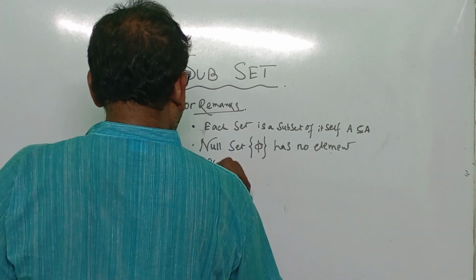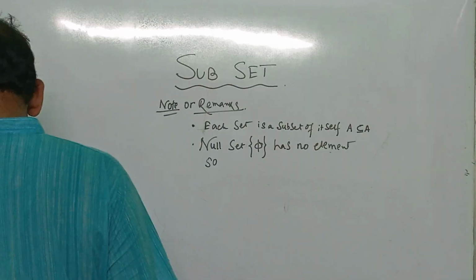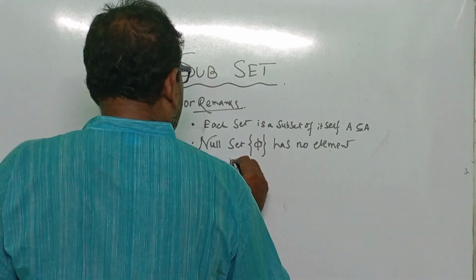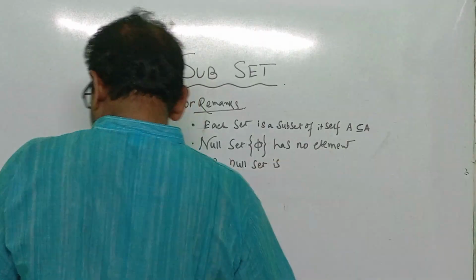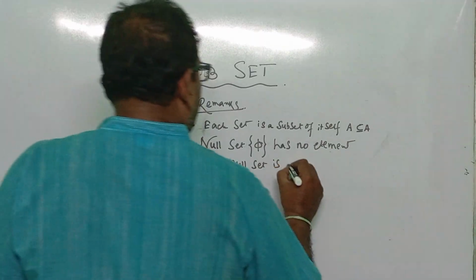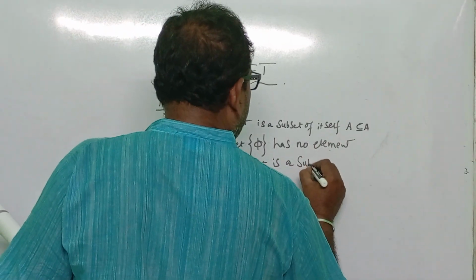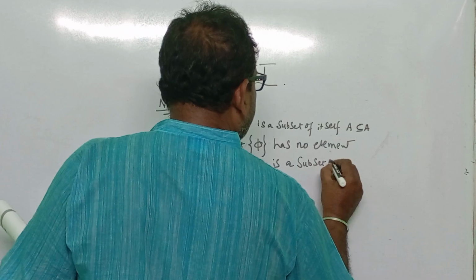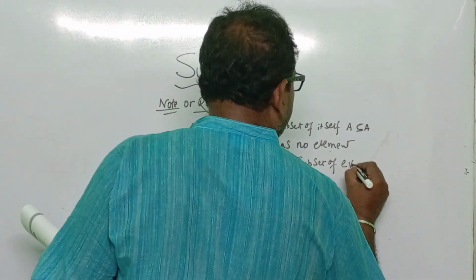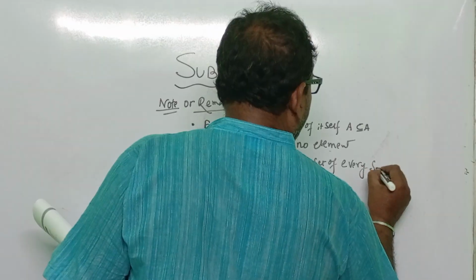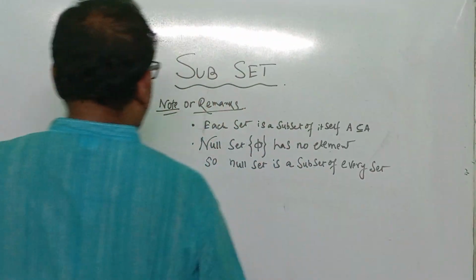So the null set is a subset of every set. This is point number 2.